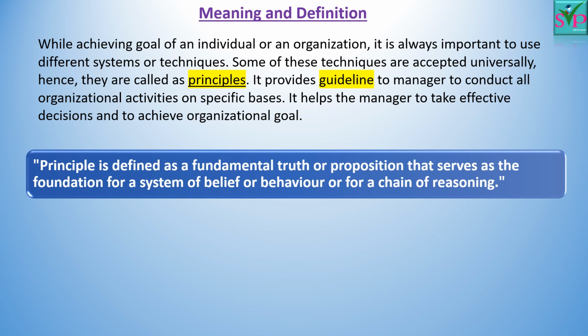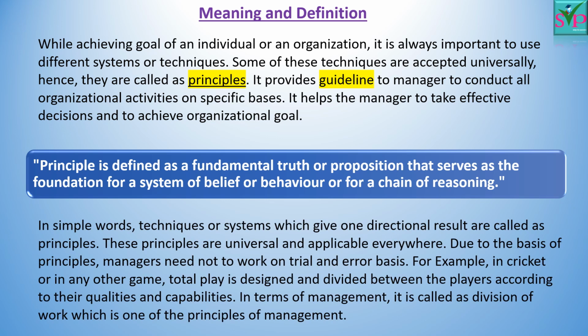See, principles are essential guidelines which help the manager to take action, to think logically about a particular situation, and ultimately it changes the behavior of the employees. In simple words, principles are techniques or systems which give proper direction to the manager to get the result. It also helps to influence or change the behavior of the employees.